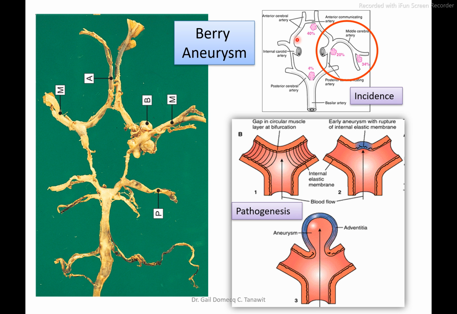Next, after the internal carotid artery, 20% dito pa pala. 34% in the middle cerebral artery, 20% at the internal carotid artery joining. And the least will be here in the posterior cerebral artery.